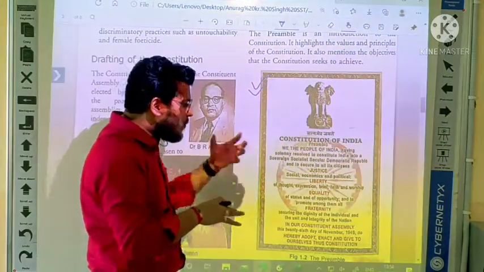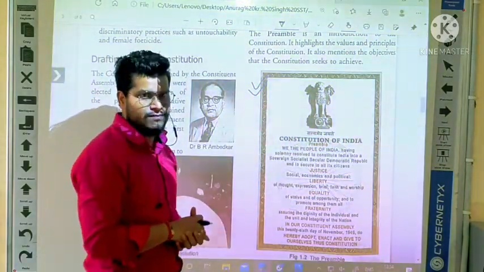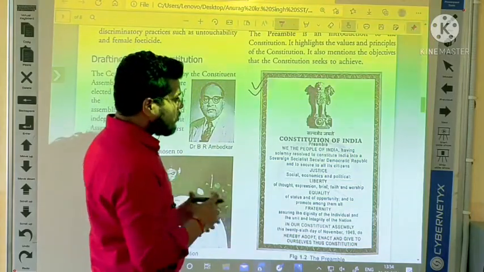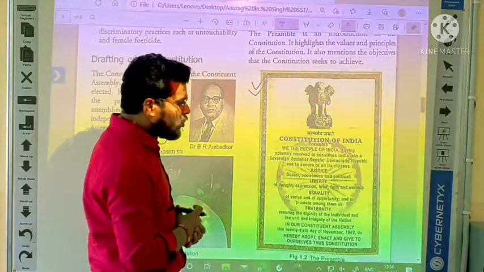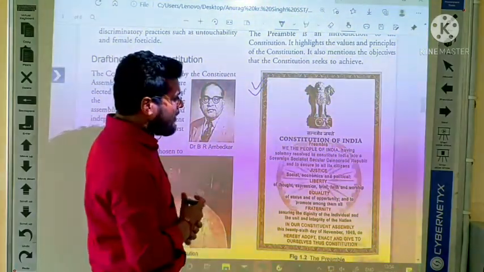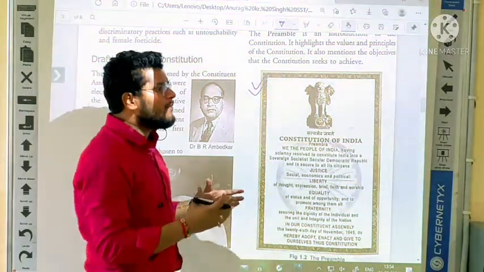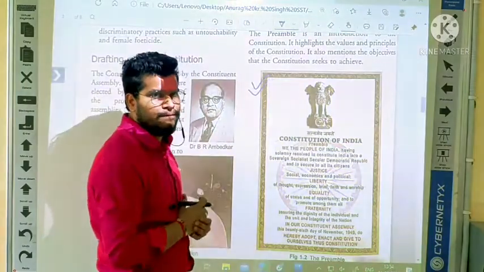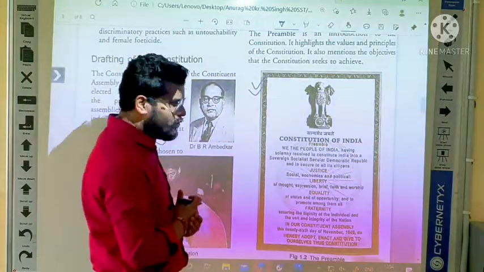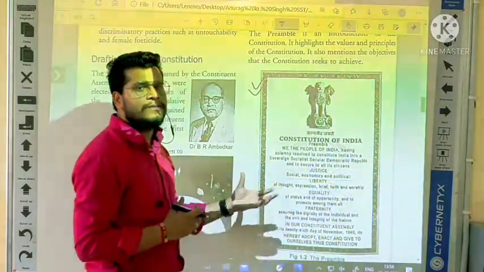which mentions the objective of our constitution. Okay, so when you go through it, it contains lots of words which have very vast meaning. Today we will learn all these vast meanings.